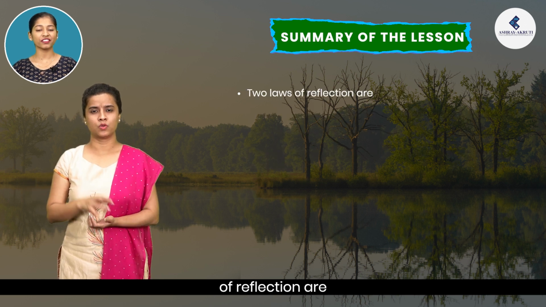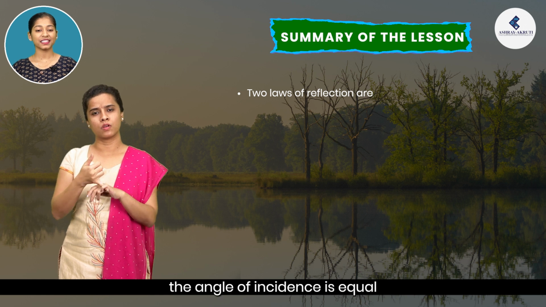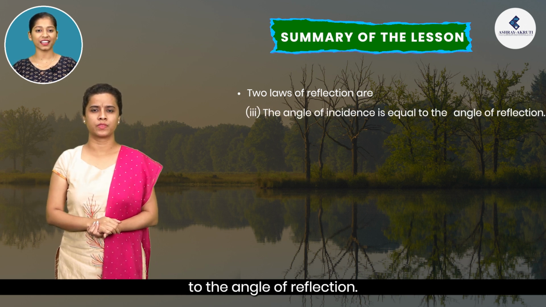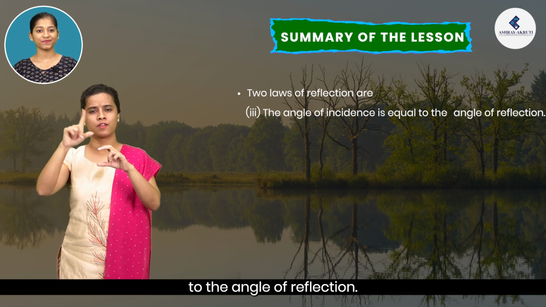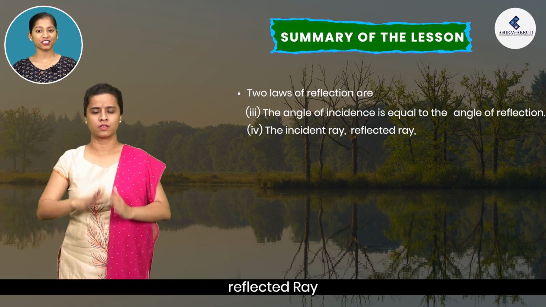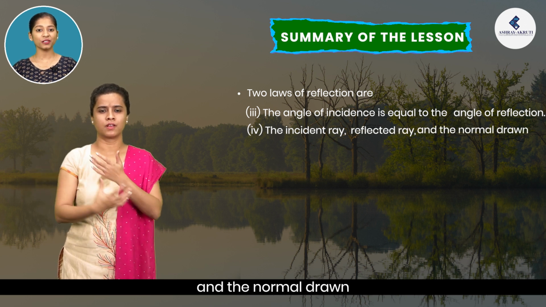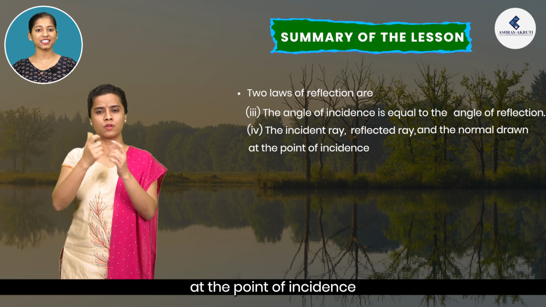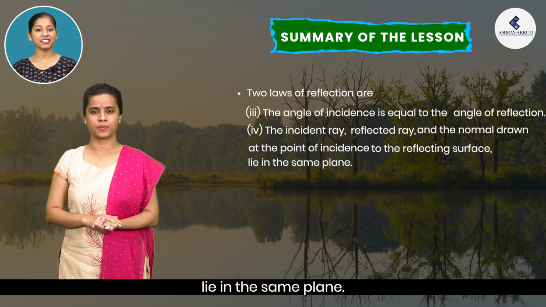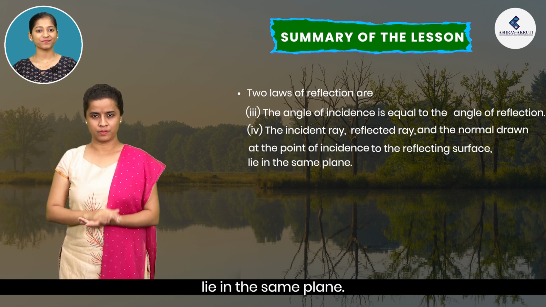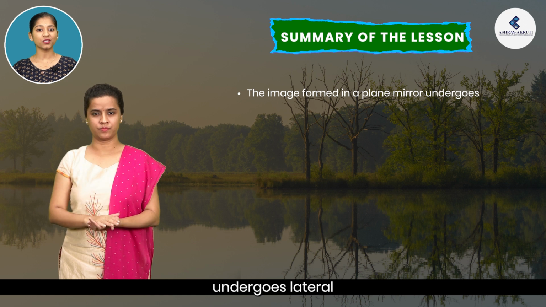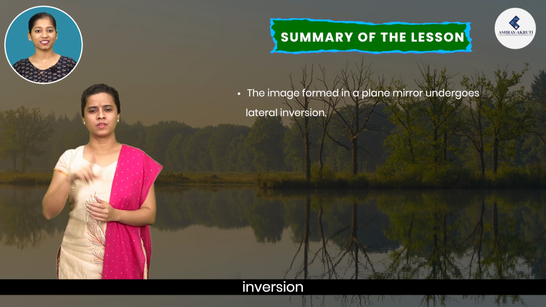Two laws of reflection are: the angle of incidence is equal to the angle of reflection. The incident ray, reflected ray and the normal drawn at the point of incidence to the reflecting surface lie in the same plane. The image formed in a plane mirror undergoes lateral inversion.